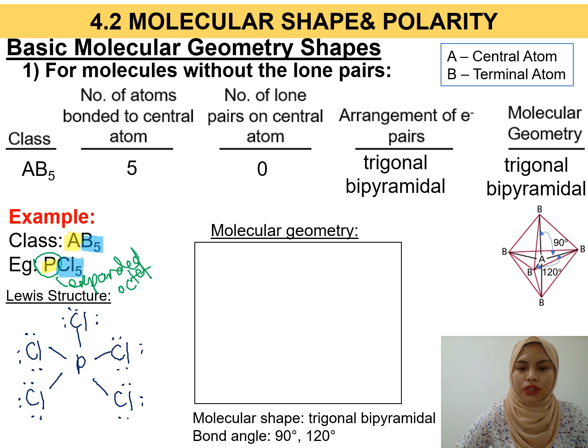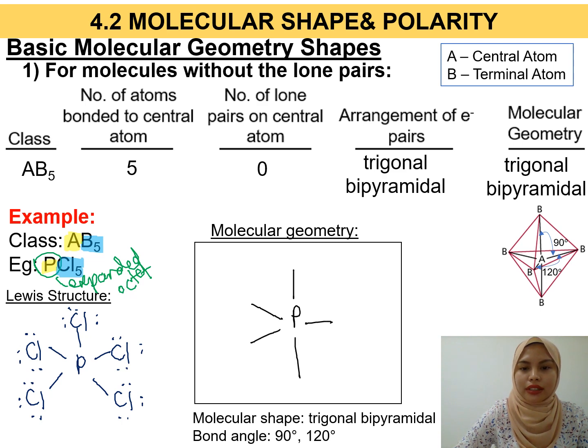You will draw it something like this. Okay, P kat tengah-tengah. So you refer saja this kind of diagram. Macam P kat tengah-tengah and then Cl as the terminal. Okay. 1, 2, 3, 4, 5. So ini Cl, Cl, Cl.